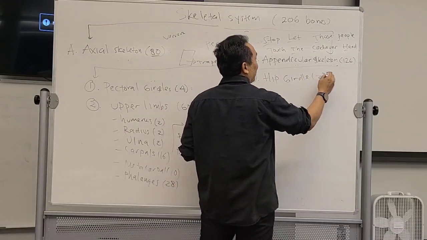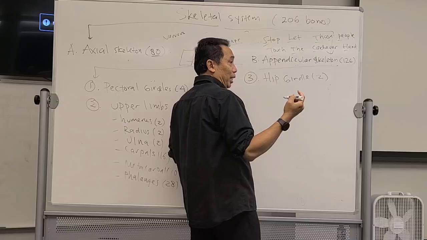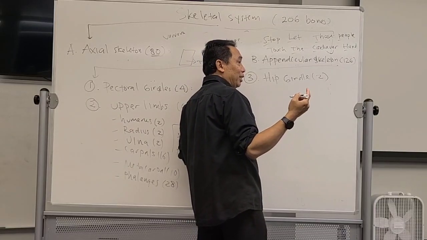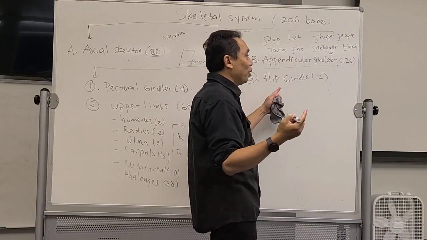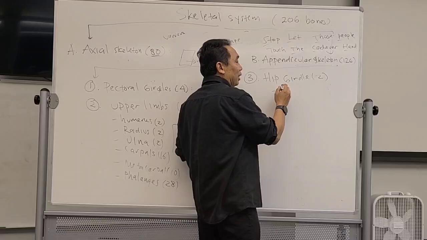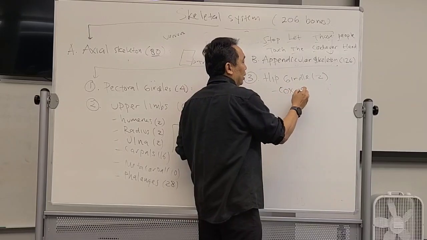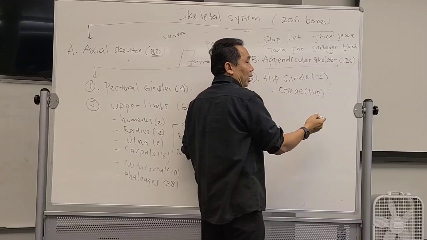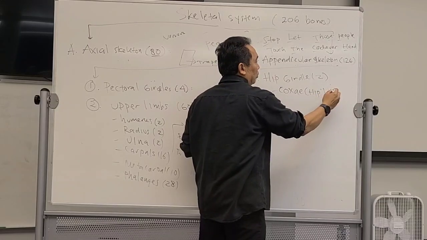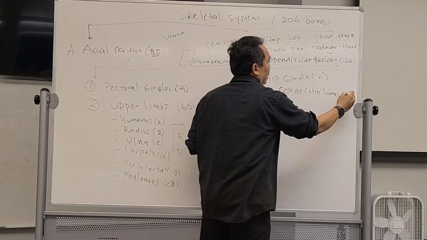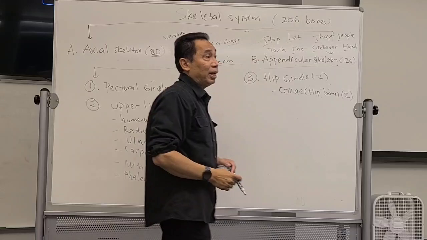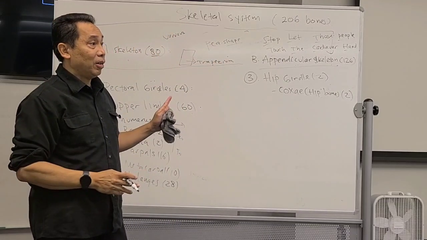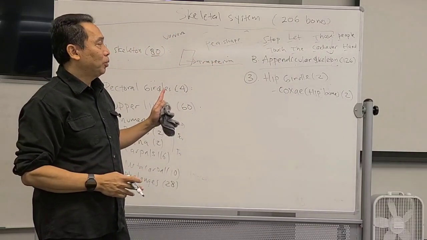So the hip girdle is 2. Because this is 2, you only need to remember one name, which is coxae. Coxae means hip. Okay, hip bones. How many total? Of course 2, left and right. That's it. Coxae. You have 2 coxae.